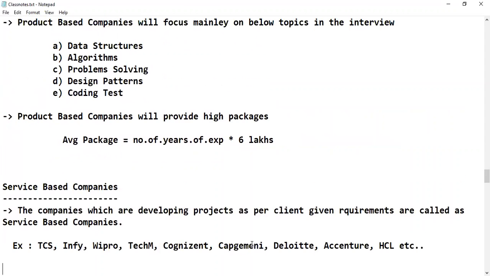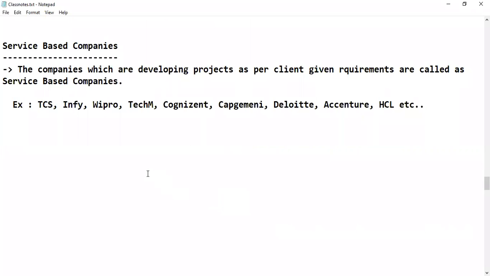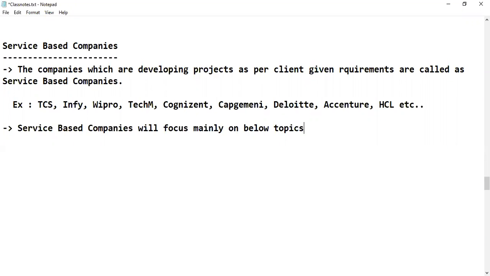Service-based companies will focus mainly on the latest technologies in the interview, and on the below topics.